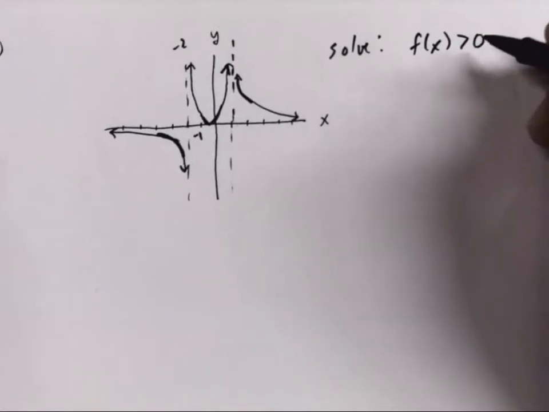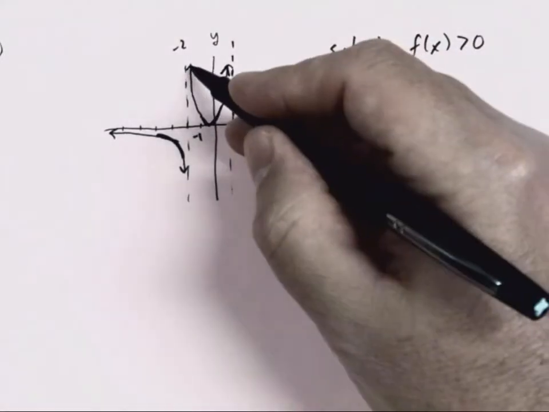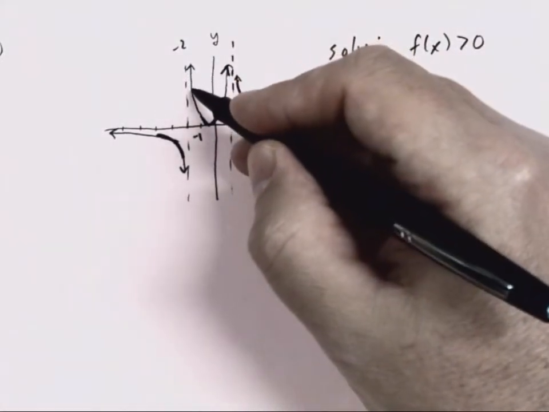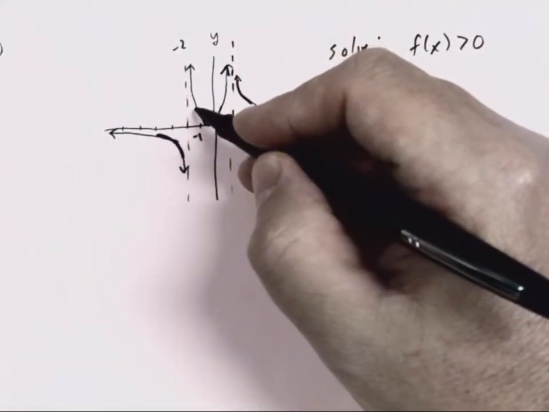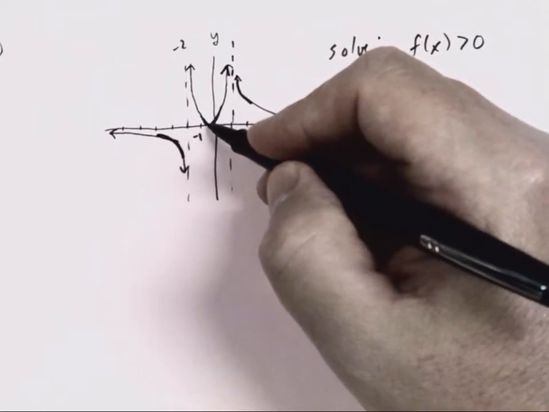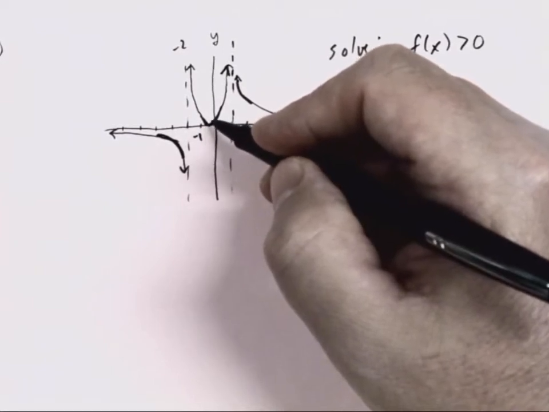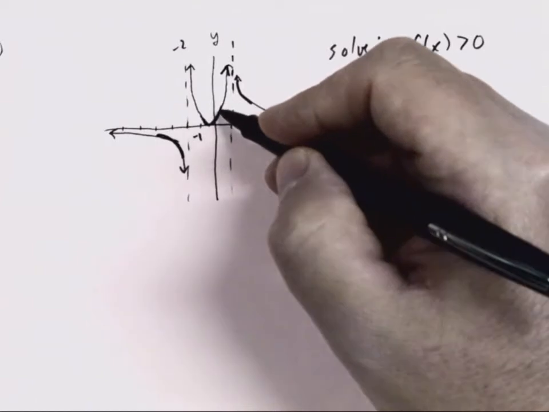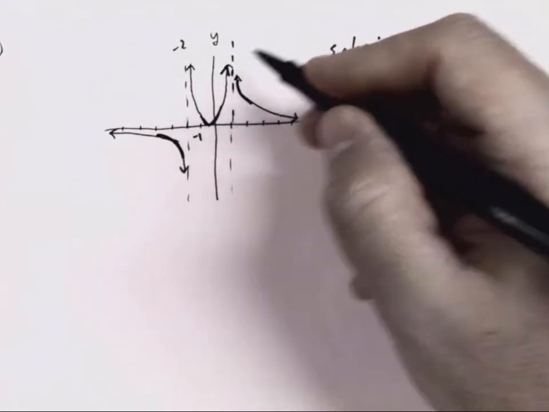So let's see, where is the function positive? Obviously it starts out positive, and then it decreases, but it's still positive. But when it gets to here, it actually touches the x-axis. So at the point at which it touches the x-axis, it's not positive anymore, it's 0. But then it turns around and becomes positive again and goes up.